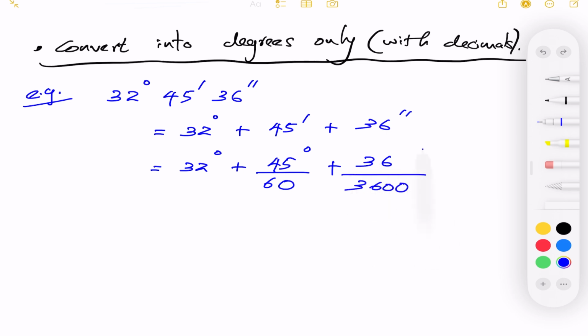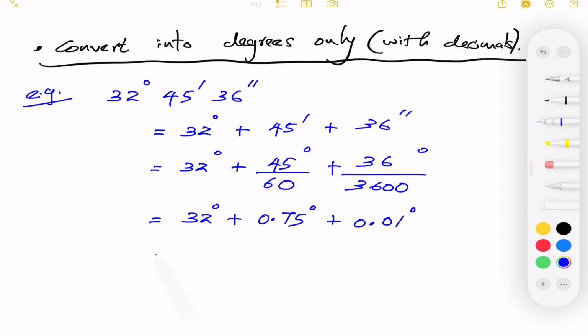Then the answer will be in degrees. All right, now that's so easy. We have 32 degrees plus 45 divided by 60, which is equal to 0.75, that is also in degrees, plus 36 divided by 3600, which is equal to 0.01, and that's also in degrees.